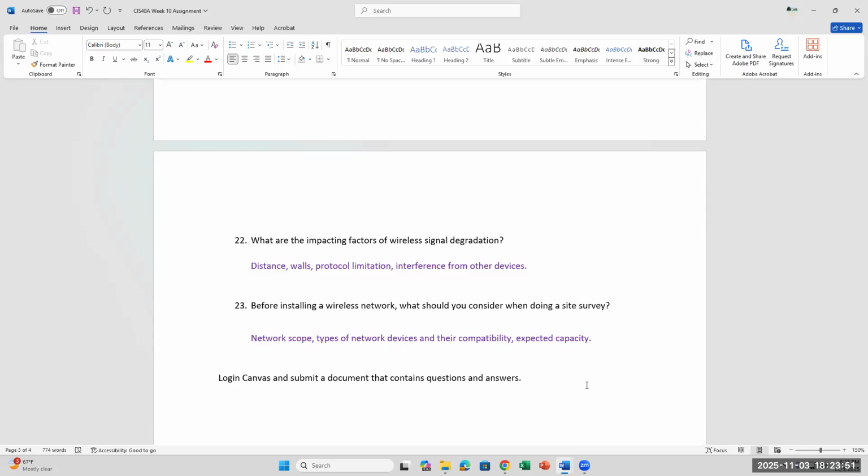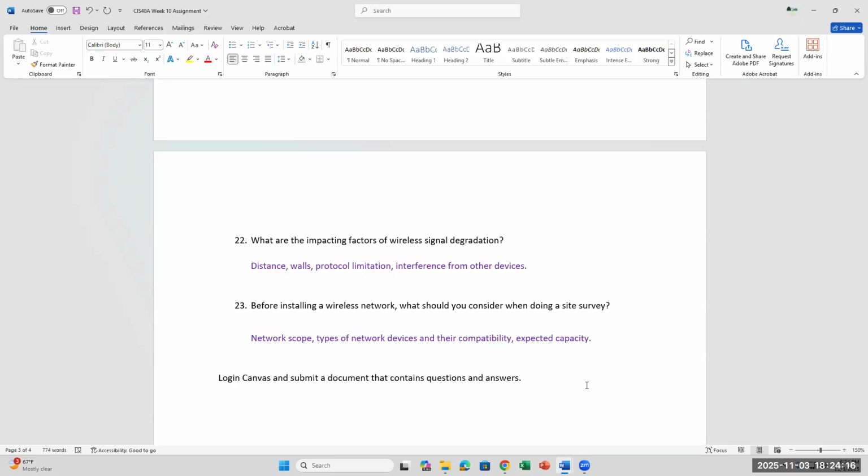So you need to consider your network scope, meaning how big is your wireless network? How many devices will be connecting? And with that, you can determine the number of access points that you need. Remember, there are limitations to each access point. And the more devices you have on the same network, the less signal you will get.